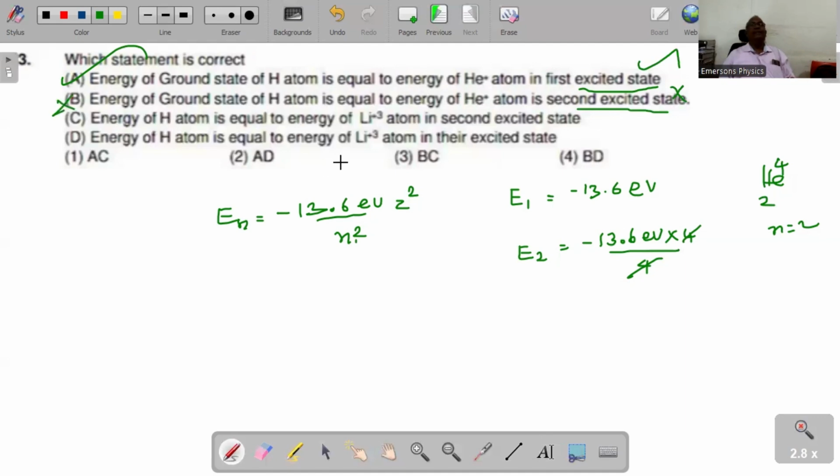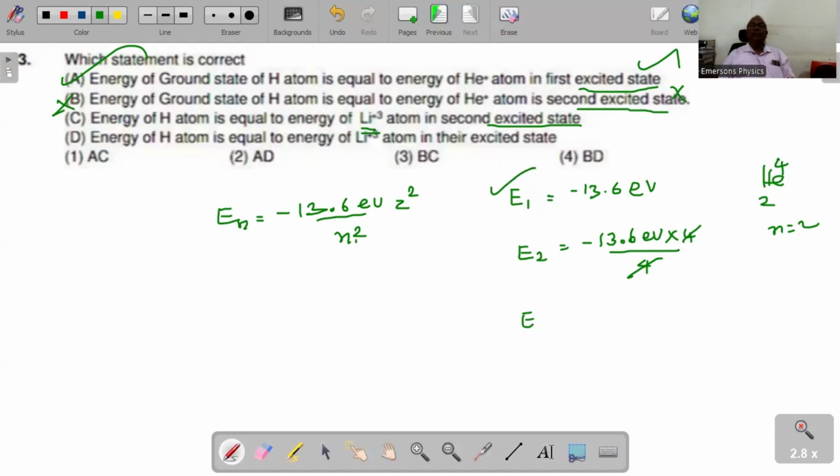Third one, the energy of the hydrogen atom in the ground state is equal to the energy of the lithium atom in the second excited state. We will check it the same way as the first one.